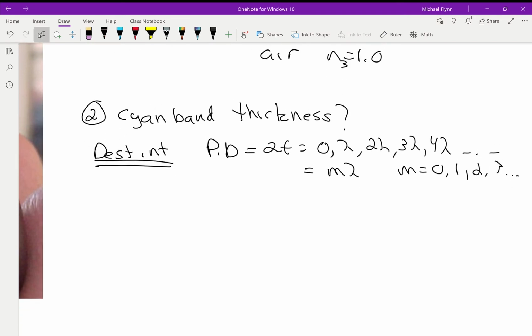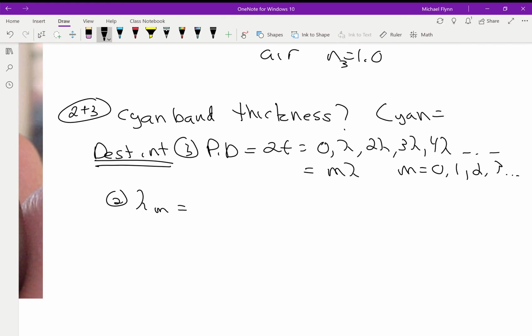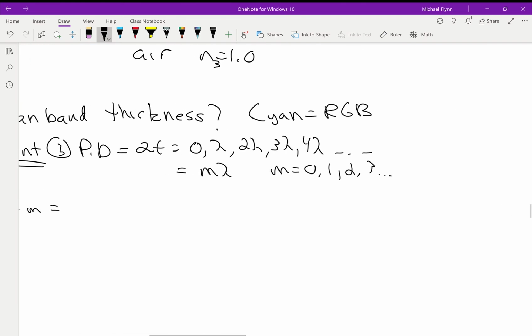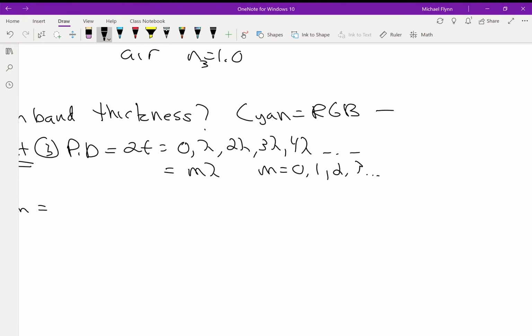All right, so the wavelength in the medium. Actually, I'm going to do step 2 and 3 together. Really this is step 2, and this one is step 3. I sort of did them out of order. Sorry, I'm trying to go quick, so I'm being inconsistent with you, but it's always the same 3 steps. The wavelength in the medium: if we're looking for cyan, cyan equals white, which is RGB, since cyan is green and blue, minus red, and red is 600 nanometers.